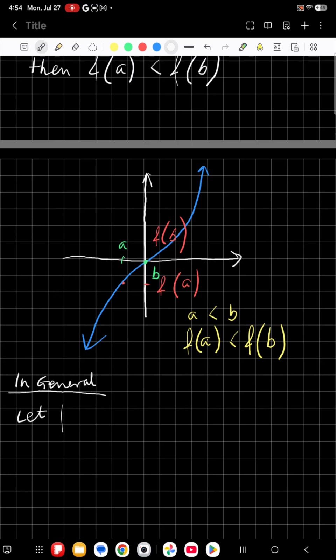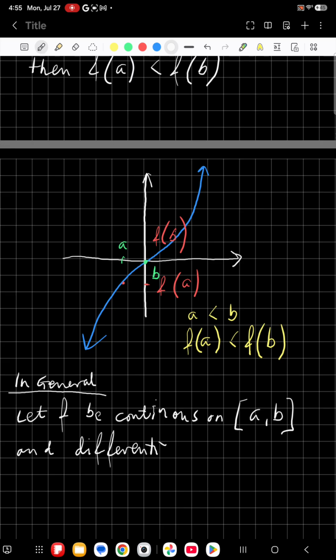Let the function be continuous on that interval [a, b] and differentiable everywhere in that interval except the endpoints.